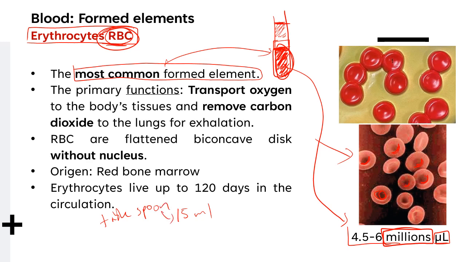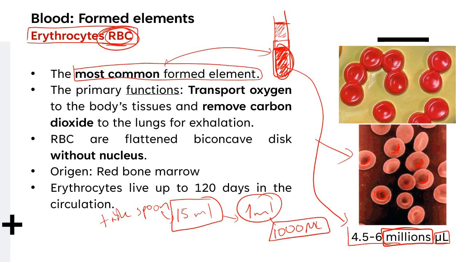Right? Now, it will have 15 milliliters. Now, 1 milliliter contains 1,000 microliters. And if you know that just one single milliliter contains 1,000 microliters, see how many red blood cells you have in one single microliter.